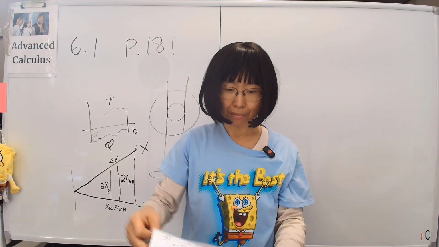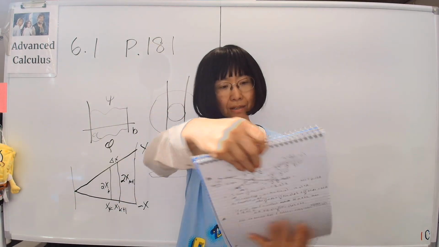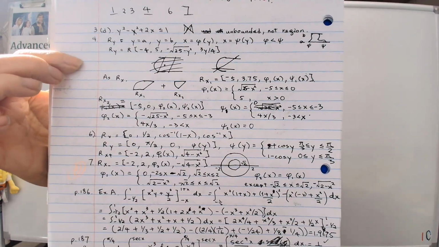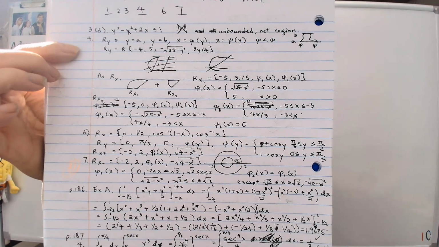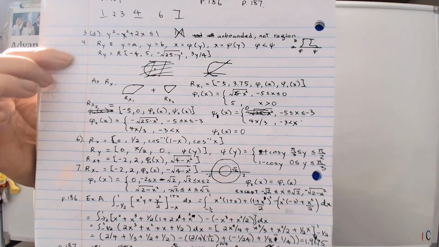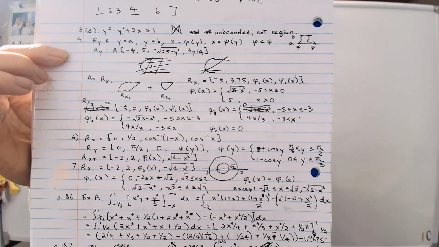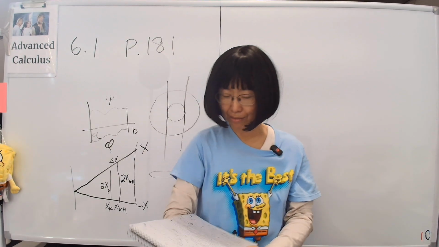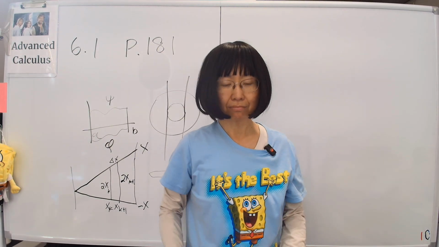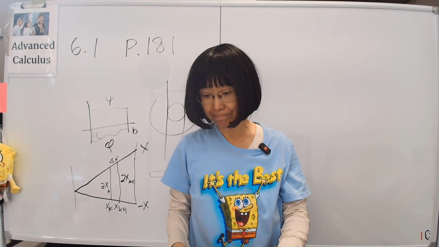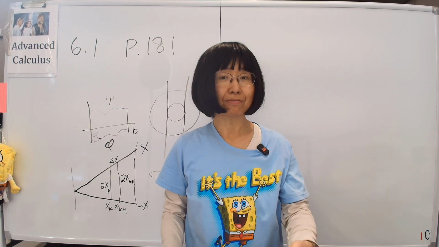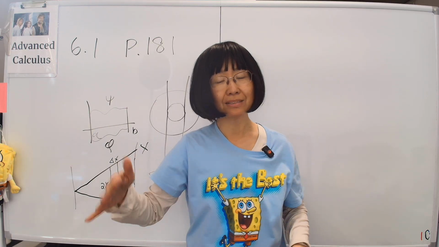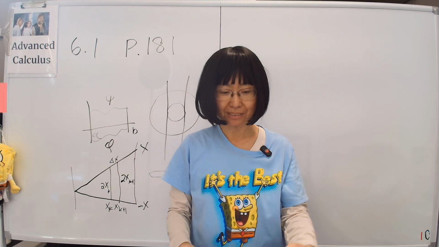Okay, so that's problems 1, 2, and 3. I'll just show you in my notes. See, the homework, this is it. This is all the homework there is, okay? And then that's problems 4, 6, and 7. My answers are not necessarily the same as the back of the book. What I did is I just defined the functions as two broken lines instead of cutting it into more regions.